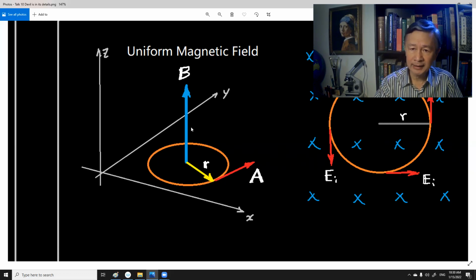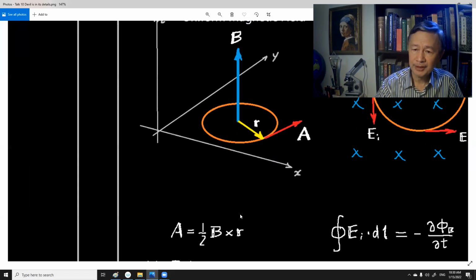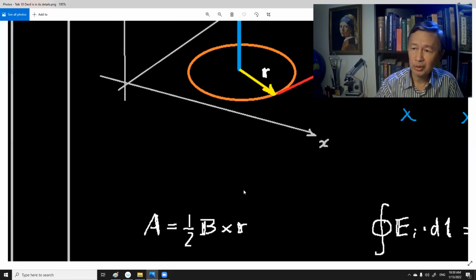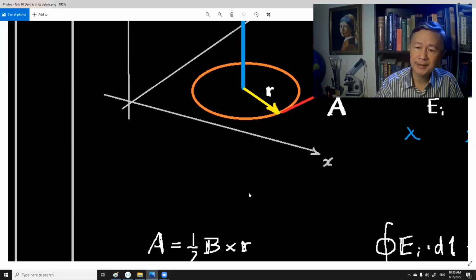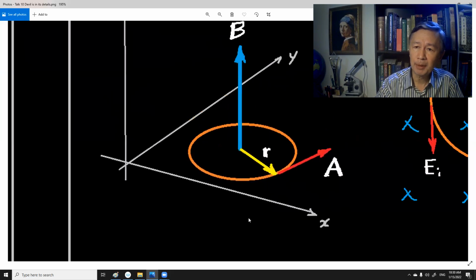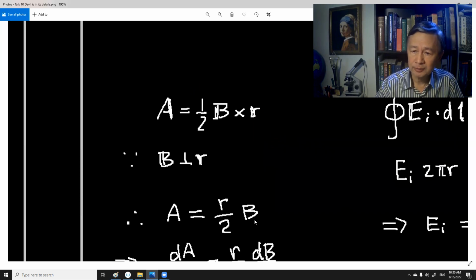The two vectors R and A are in the same XY plane. This diagram shows how to use this special relation between A and B. Because B is perpendicular to R, we can simply use the scalar form.